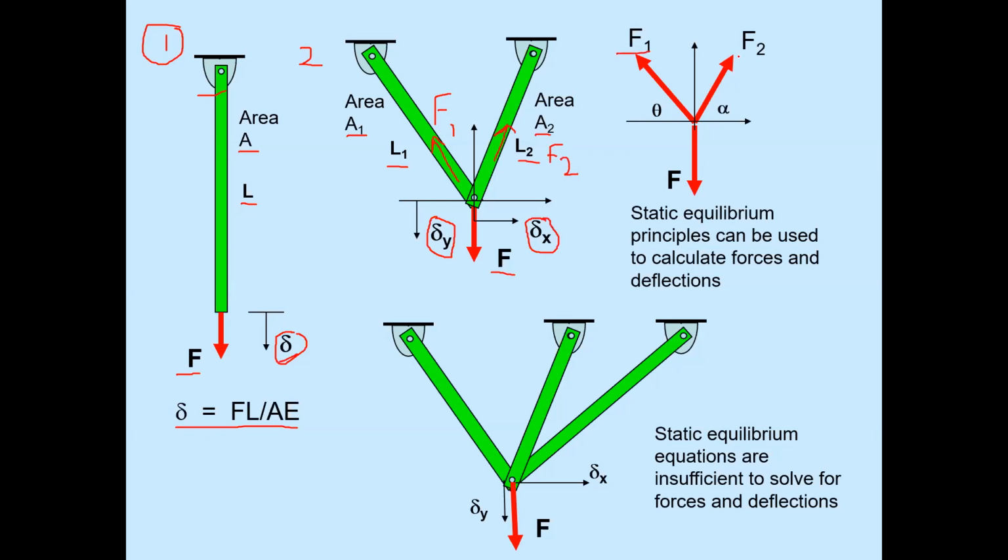The first member force is F1, the second member force is F2, and the bottom given force is F. We have assumed member 1 is inclined to the horizontal at an angle of theta, and member 2 is inclined to the horizontal at an angle of alpha. Now, we need to find the values of F1 and F2, because if we get the values of F1 and F2, we will easily get the forces in these two members.